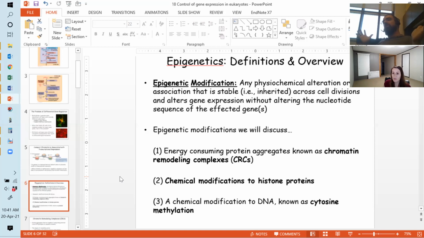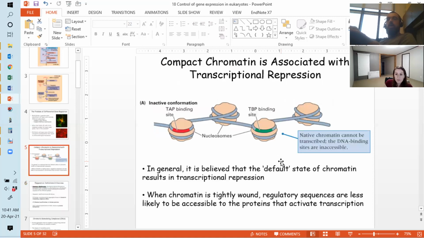And the overall outcome of that is to control how accessible DNA is for transcription, right? And so essentially one way of thinking about this is here's our TATA binding protein binding site. It's a little bit cumbersome. This is our transcriptional activator protein binding site. This whole protein DNA complex is actually shown a little bit kind of expanded to make it a little easier to see.